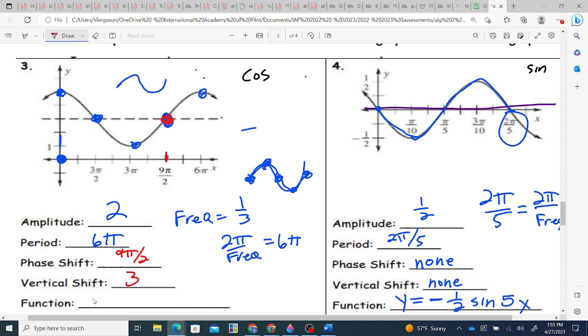And now I start setting up my graph. So I've got y equals 2 for the amplitude, sine, 1/3 x minus 9 pi over 2, plus 3.